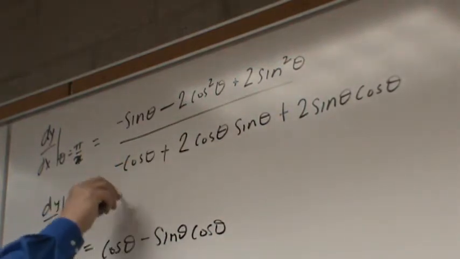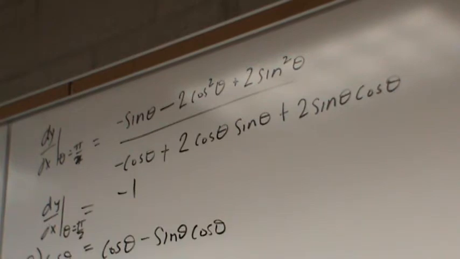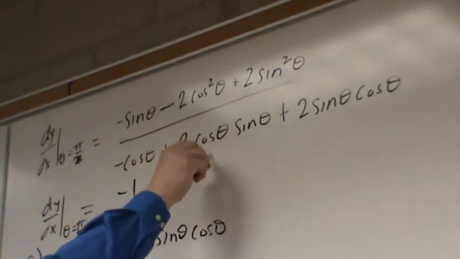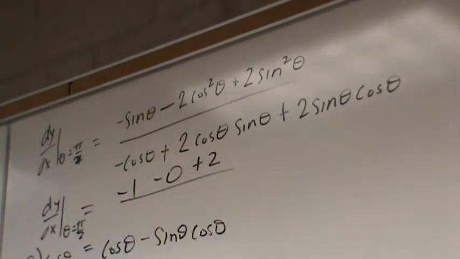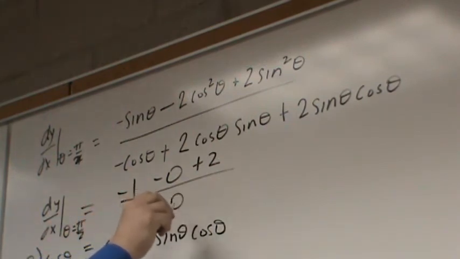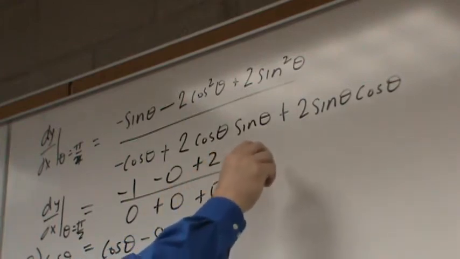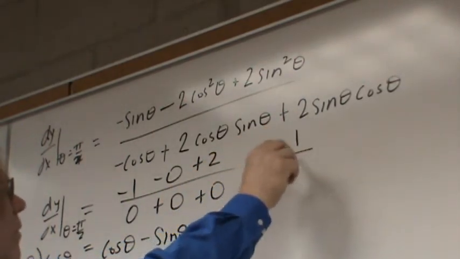Sine of pi over 2 is 1, so I got negative 1. Hope I didn't make that mistake here. No, that's good. Negative 1, that's 0, and then that's 2, okay? And then this is 0, this is 0, and this is 0. So I get 1 over 0.